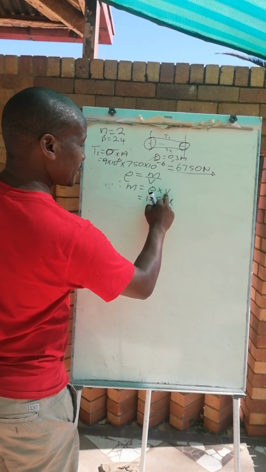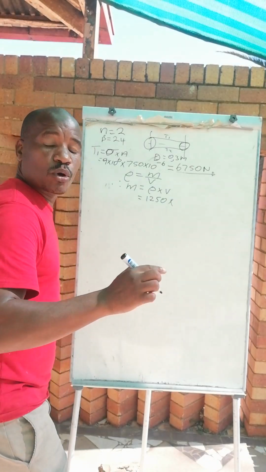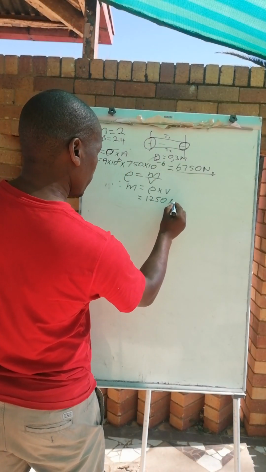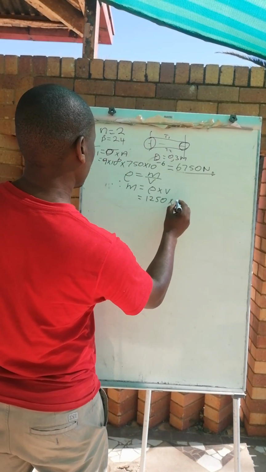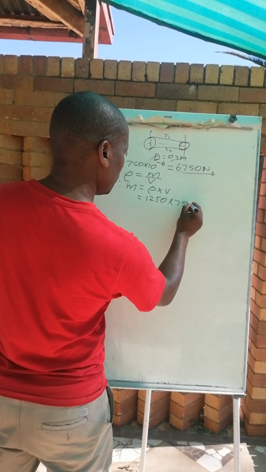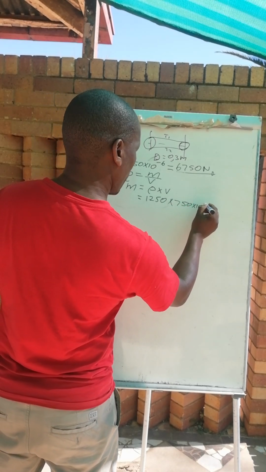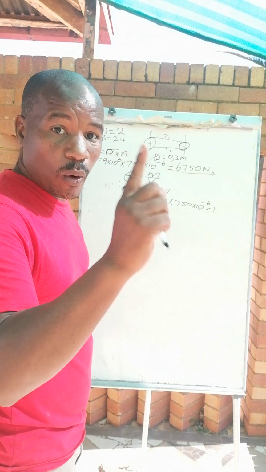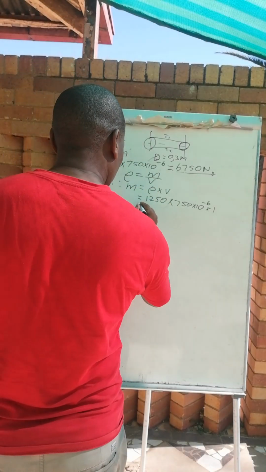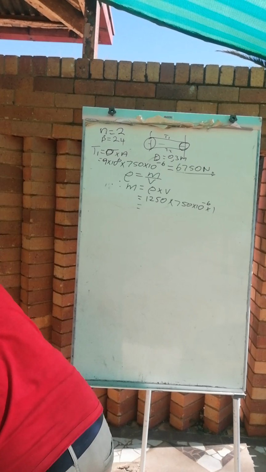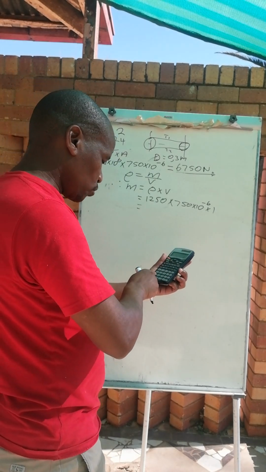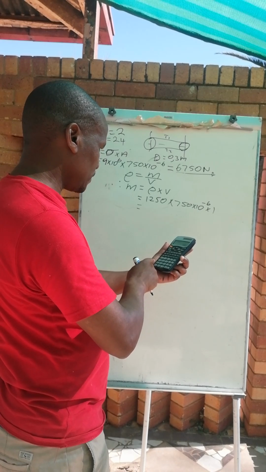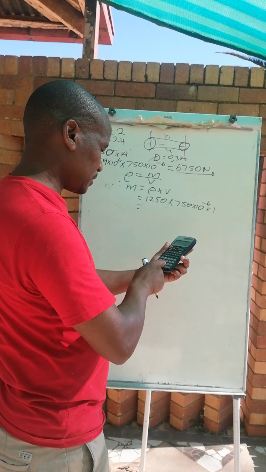Volume is equal to area multiplied by length. So we use 1 meter of length. The area is 750 multiplied by 10 to the power minus 6 multiplied by 1 meter of length, which equals 1250 multiplied by 750 multiplied by 10 to the power minus 6.